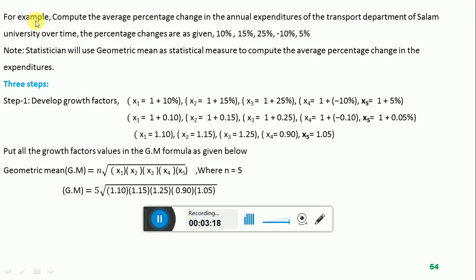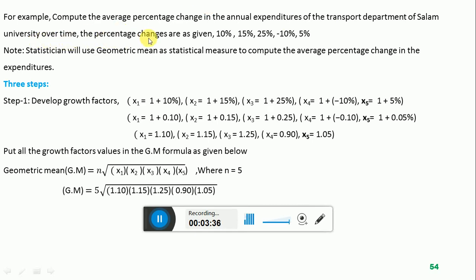Let me clarify this concept of geometric mean by putting one example. Compute the average percentage change in the annual expenditures of the transport department of Salam University over time.